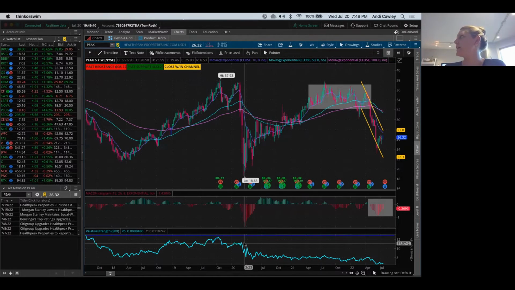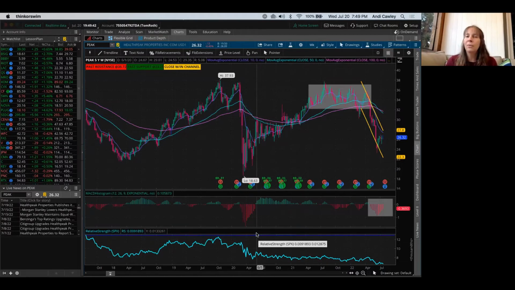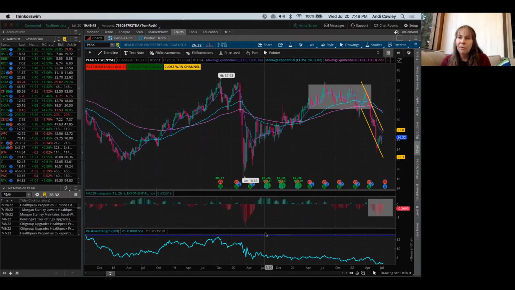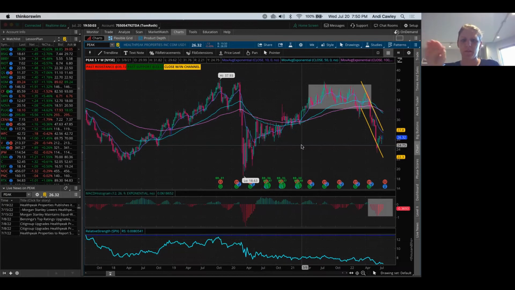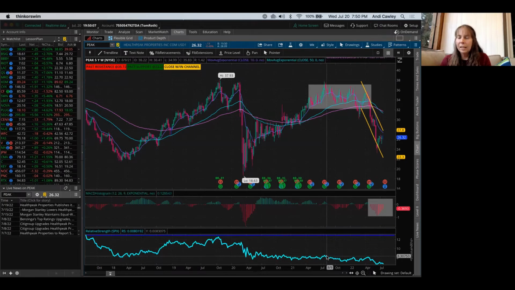This is really interesting, and maybe because it's real estate, maybe it follows some different patterns, but the relative strength is pretty divergent from the price action here. You're seeing the price going up, but the relative strength is going down, and it continues down all the way through.